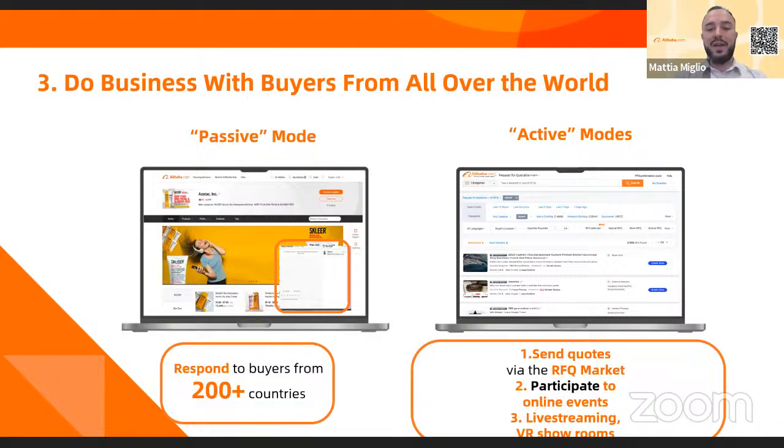During the discovery phase, we will tell you how many buyers have inquired about that product in the last 30 days on Alibaba.com. So you will understand if Alibaba.com is a good fit for your company. It is very important that the answers to the buyers are given within a 24 hour range.